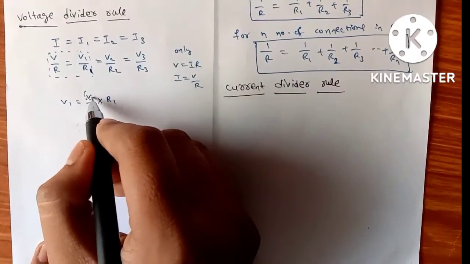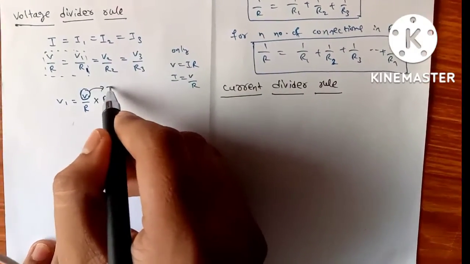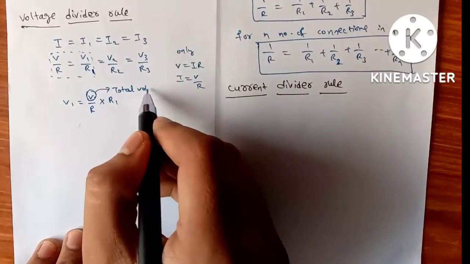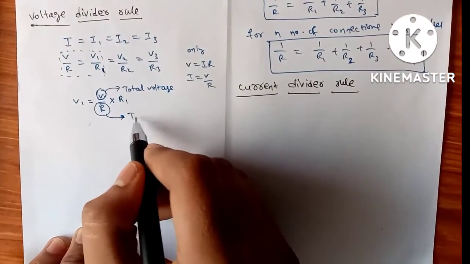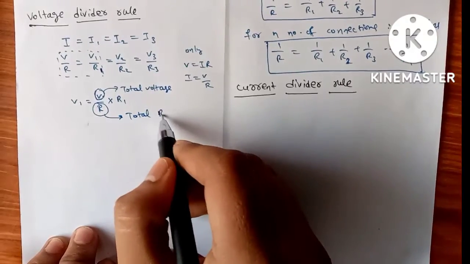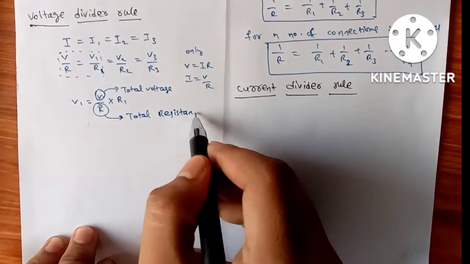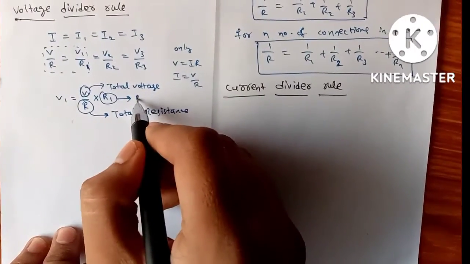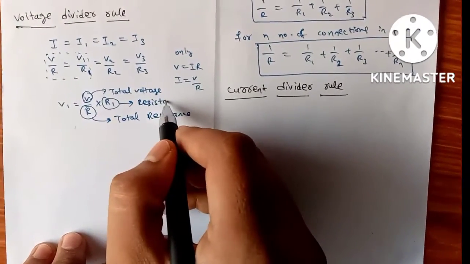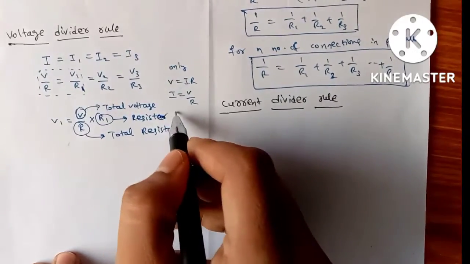What is V? V is total voltage or applied voltage. R is total resistance. What is R1? R1 is the resistance of resistor 1.